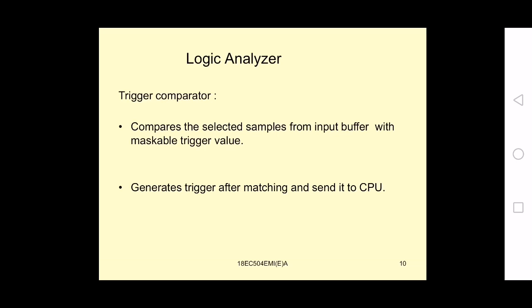Based on that, it generates the trigger after matching and sends it to the CPU. So the purpose of the trigger comparator is to compare the samples from the input buffer with the maskable trigger value, and whenever there is a match it generates the trigger. After matching, it sends the signal to the central processing unit.